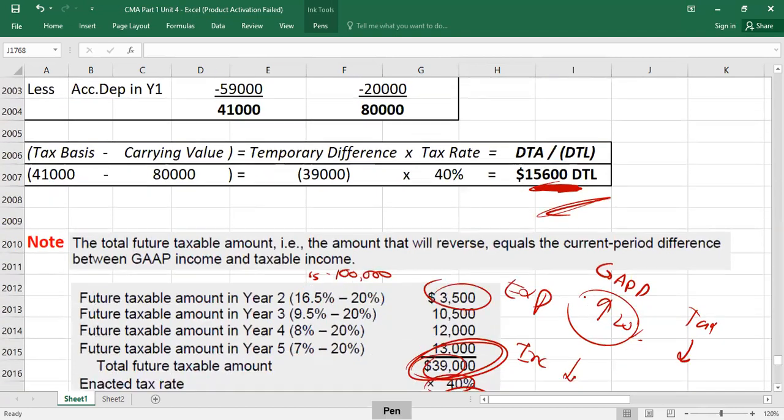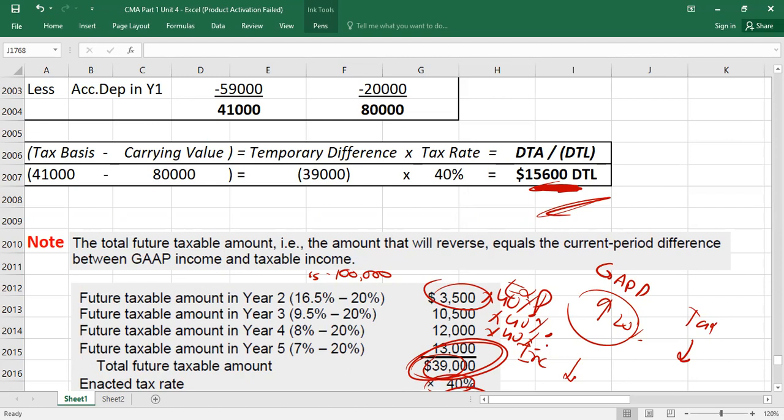Your accounting income and taxable income differ, so you pay by multiplying the tax rate, and this much liability you will settle. Again, in the third year, multiply by 40%, and this liability will be settled. This is how the liability will be settled over a number of years. Is that clear?